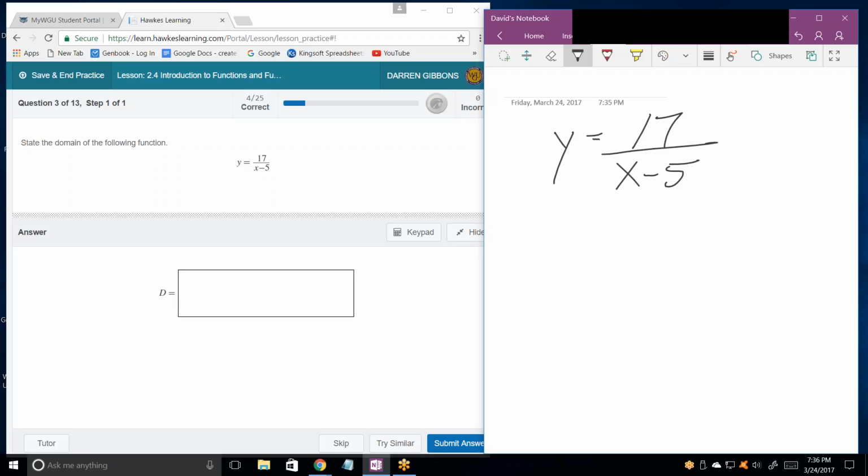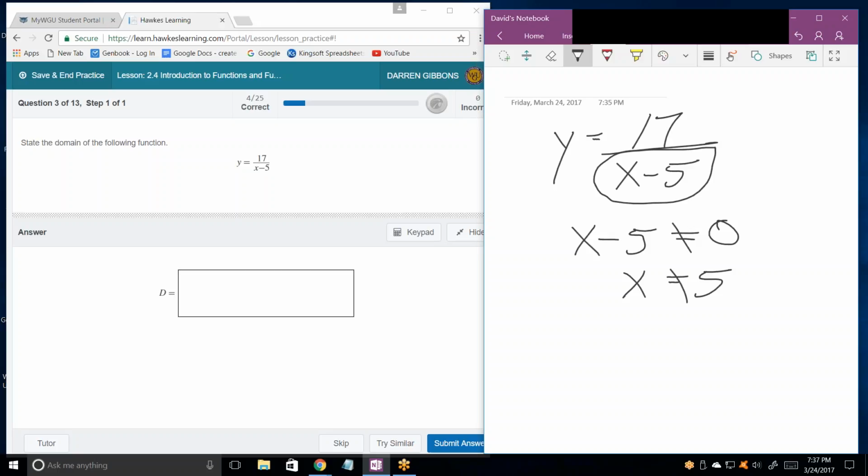Well, okay, here's what I want to do. I'm going to take our denominator and make it equal to 0. And that's going to tell me that x can never be 5, because I cannot divide by 0. That means this denominator can be anything I want except 0.